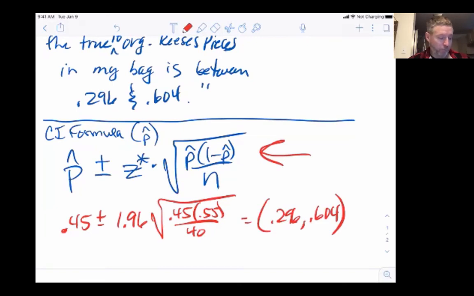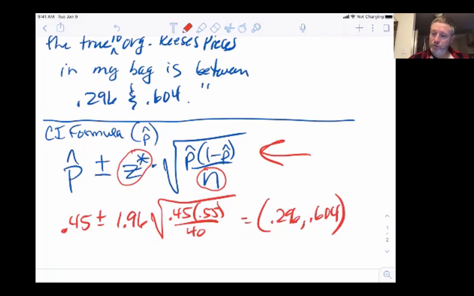And so from the formula, even if you're a decent algebra student, when they ask you questions like, what if you want to increase the margin of error? Well, you can look at the formula and think, if I want to increase the margin of error, my choices would be to increase that number, the z-star, like go out further, or I could decrease the n, because decreasing a denominator will increase the entire fraction.